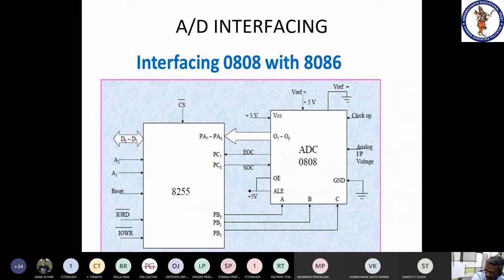That is one technique for testing. Otherwise, you can use any bit, like PC3, PC4, PC5. You can use any one, but it takes some time to monitor such bits, so there is complexity in the programming part. So that is the basic idea regarding analog to digital interfacing.